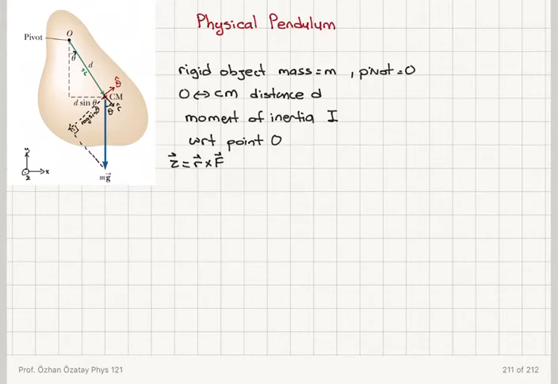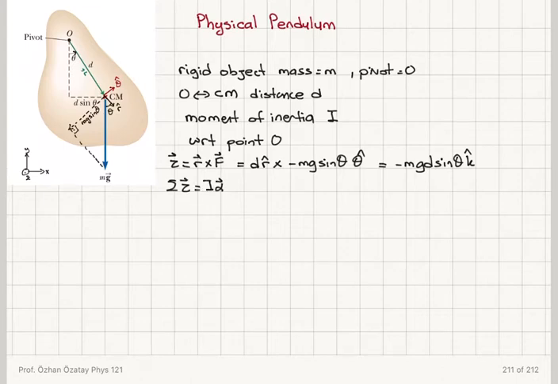So the torque is going to be r cross F. It is d r hat cross with minus mg sine theta, theta hat, and r hat cross theta hat gives me k hat. So this is going to be minus mgd sine theta k hat.